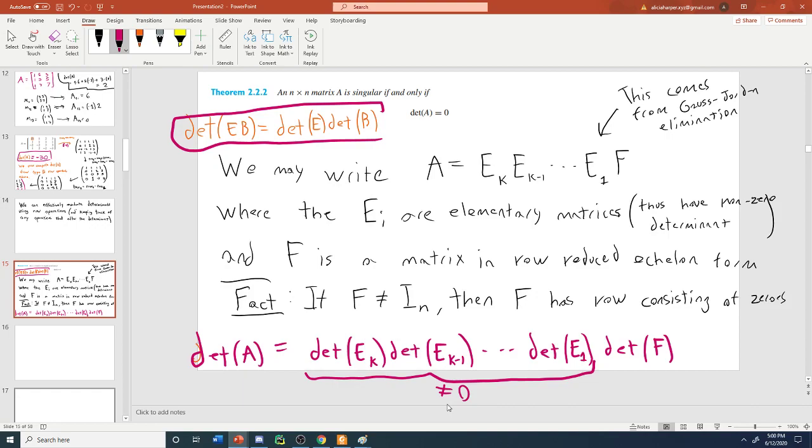Because they're not zero, the only term that remains to study is the determinant of F.